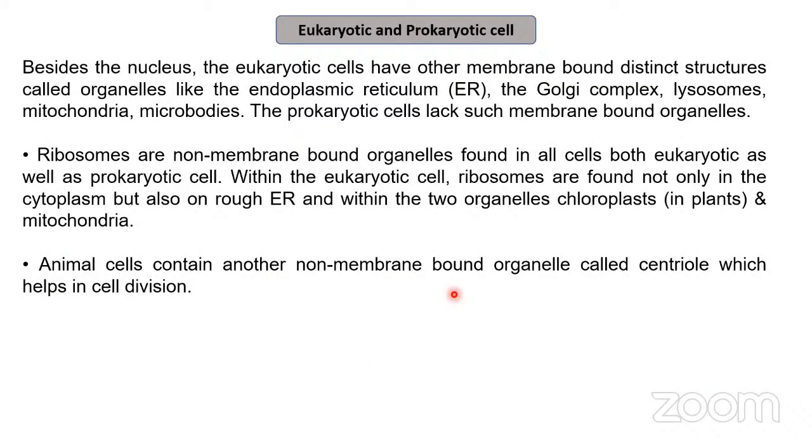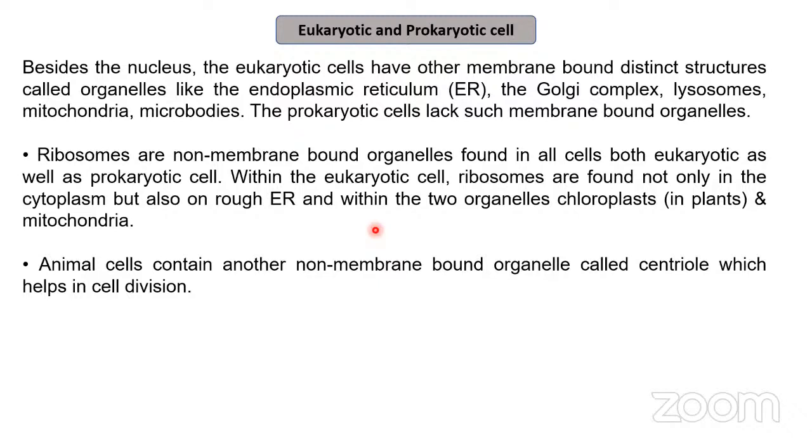But for now, it is important to know that ribosomes are not only present freely in the cytoplasm, but are also present on the membrane of the endoplasmic reticulum. The presence of these ribosomes gives it a rough structure. That is why the endoplasmic reticulum on which ribosomes are present is known as rough endoplasmic reticulum.